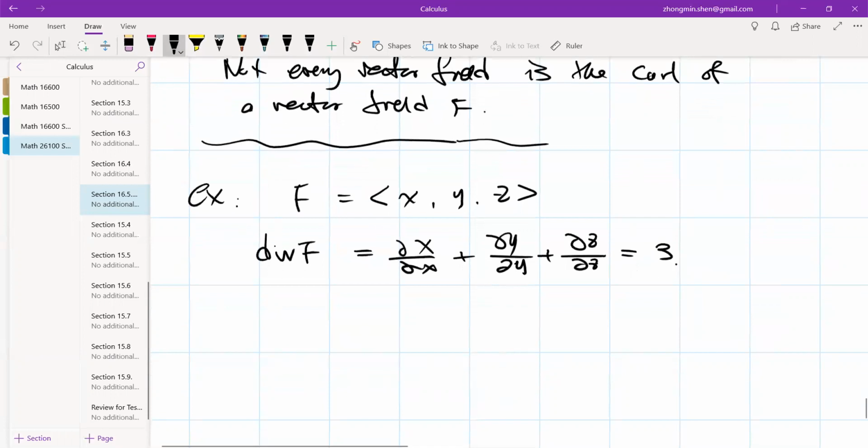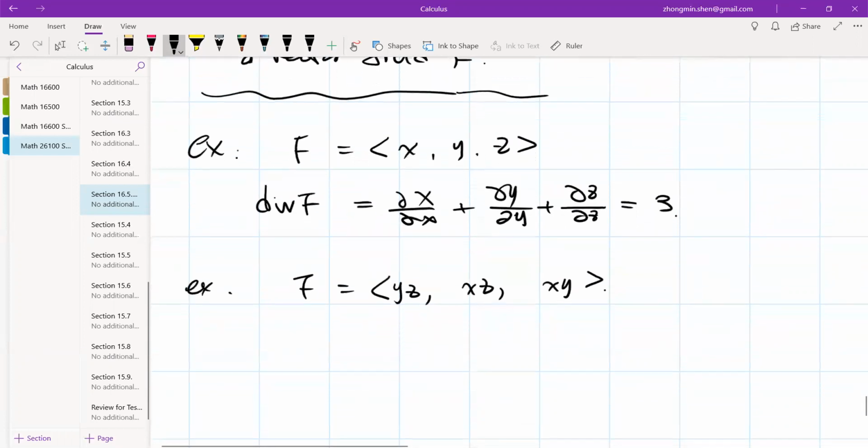And then here's another example. F is (YZ, XZ, XY). If we look at this vector field, the divergence of this vector field is going to be 0.